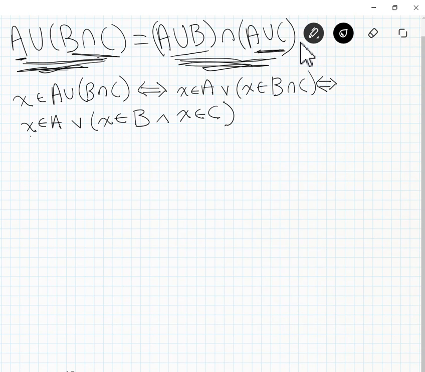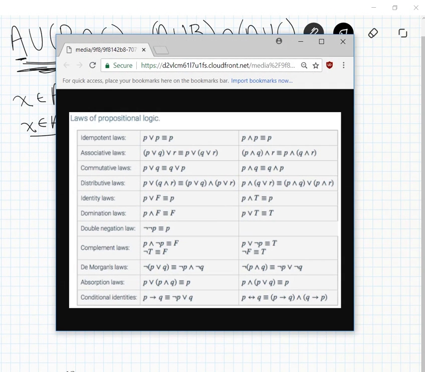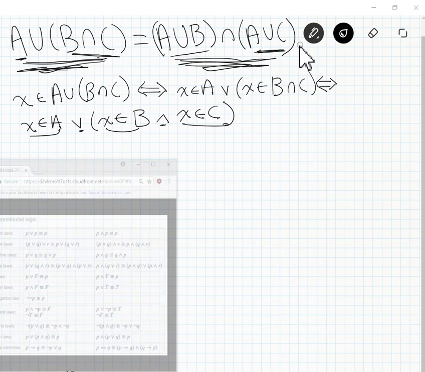Okay, so now we have this P or (Q and R). So we're going to rewrite that using our distributive law. P or (Q and R) is (P or Q) and (P or R).